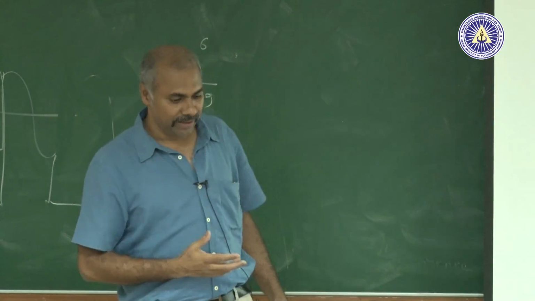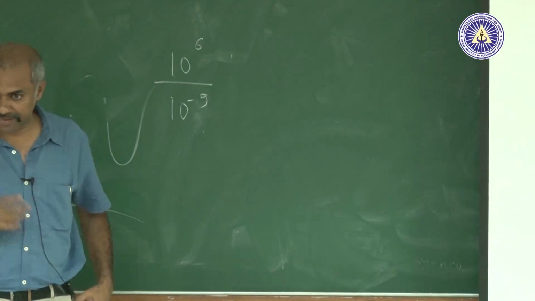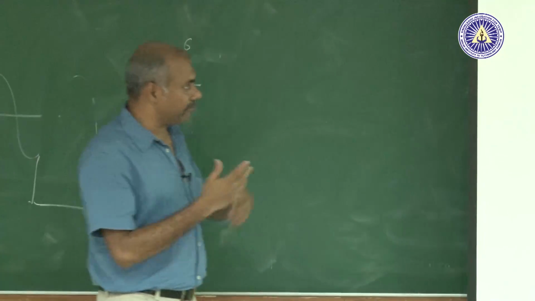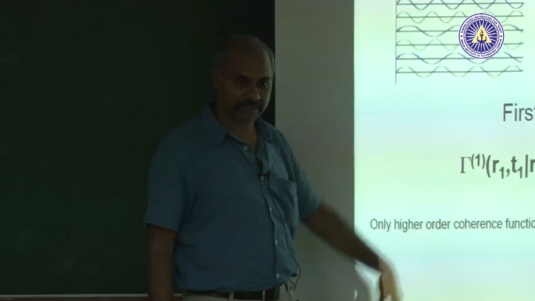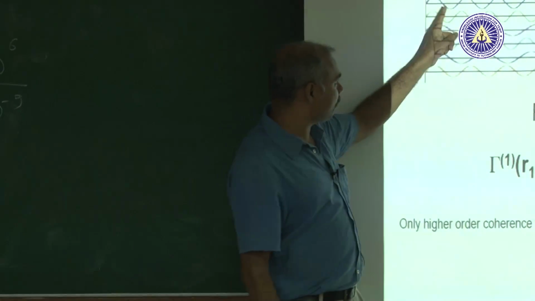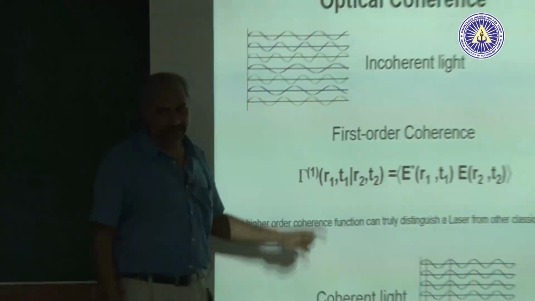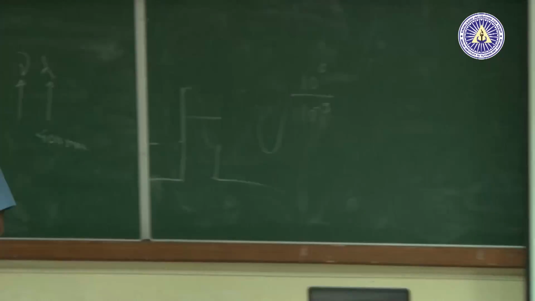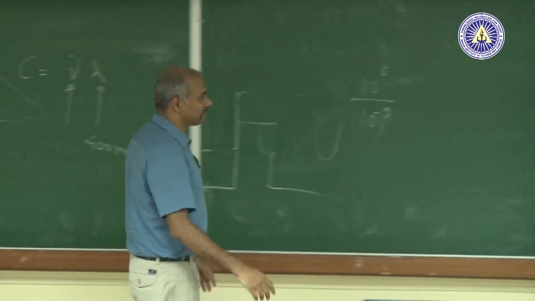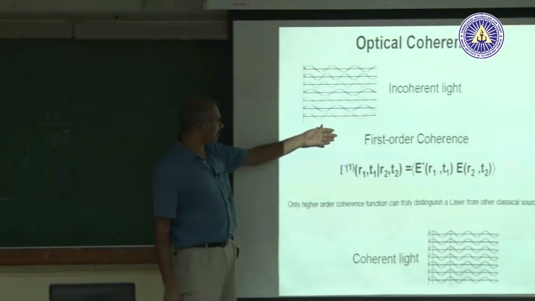So again, we are thinking of waves. We are thinking of variation of waves in space as well as in time. I tried to describe this. Remember that different colors have been drawn for different frequencies. Different frequencies implies different color. So you see that incoherent light is basically a bunch of this.